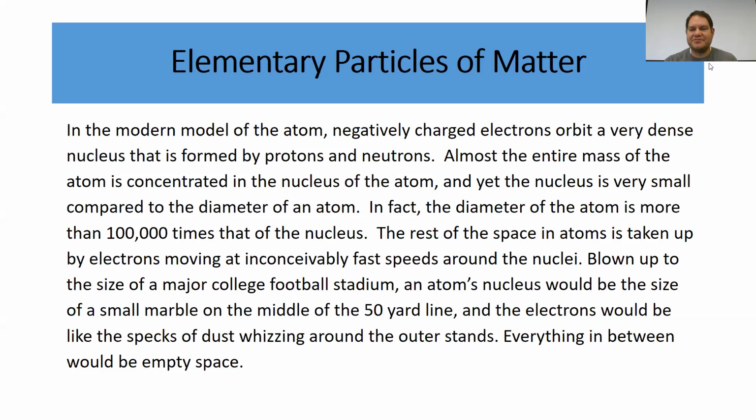And yet the nucleus is so small compared to the overall diameter of the atom. In fact, the diameter of the atom is more than 100,000 times that of the nucleus.